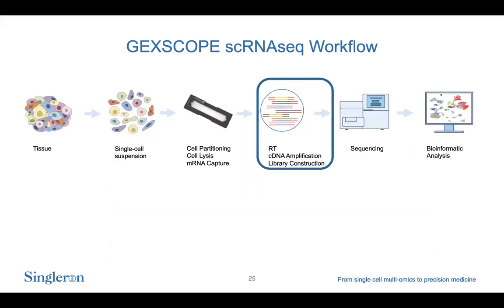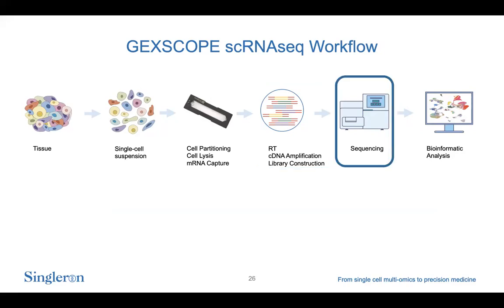Okay, so when the chips are processed, the product that you get from these chips is barcoding beads with the mRNA attached to them. Now you need to do the reverse transcription to actually produce the cDNA. You need to amplify the cDNA, and you need to prepare an NGS library for the sequencing.